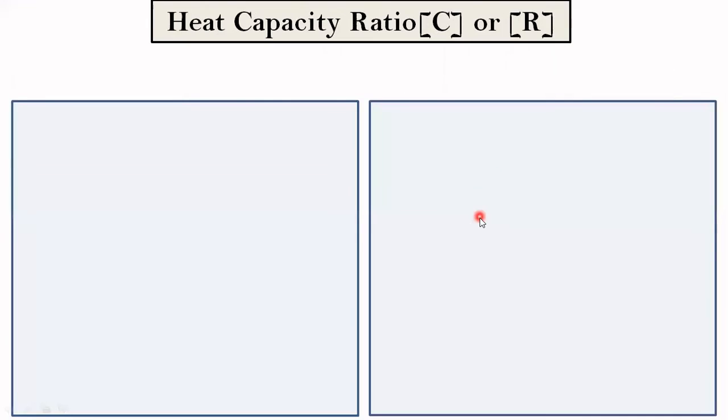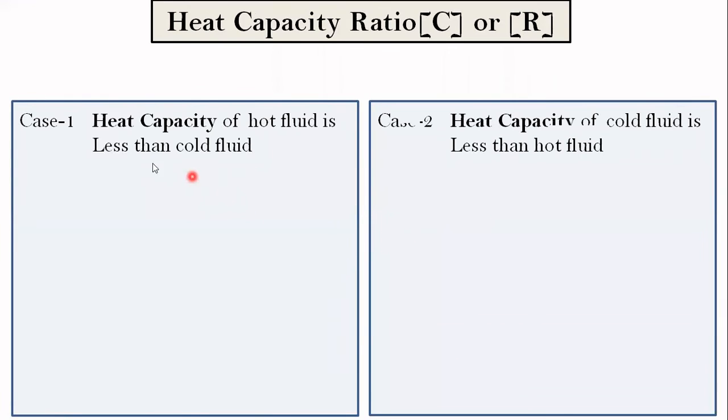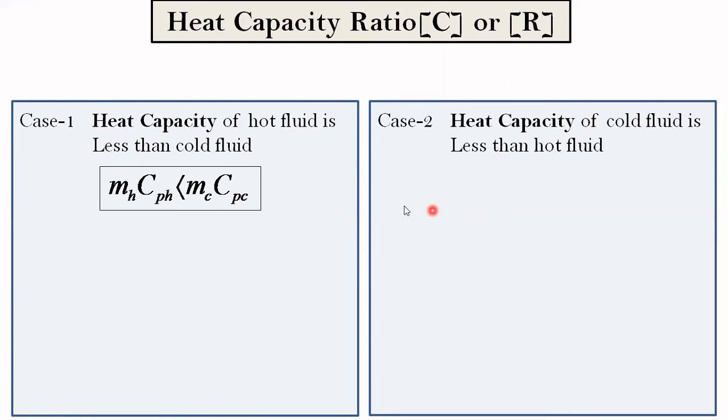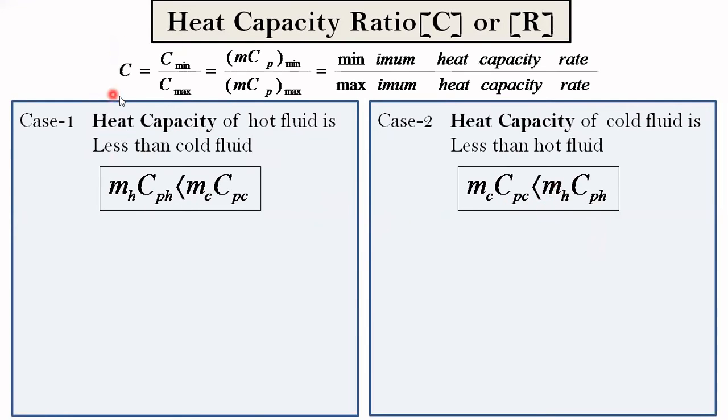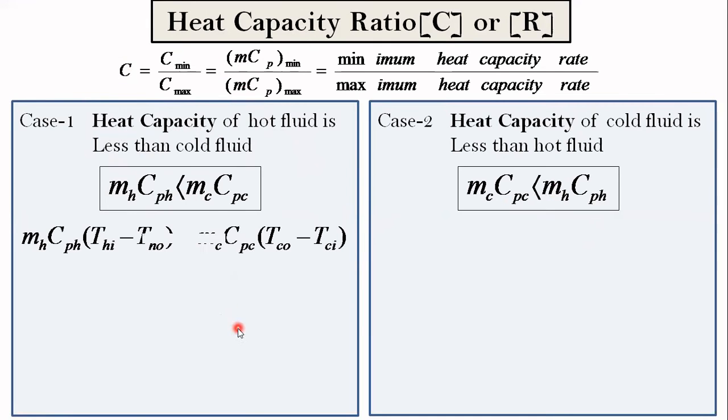So how to write down the heat capacity ratio? Again we have two cases: heat capacity for hot fluid is less, and heat capacity for cold fluid is less. So MHCPH is less than MCCPC, here MCCPC is less than MHCPH. And we know by definition, the heat capacity ratio is C min by C max. Now here M into Cp value that we can calculate from the MCP delta T equation.